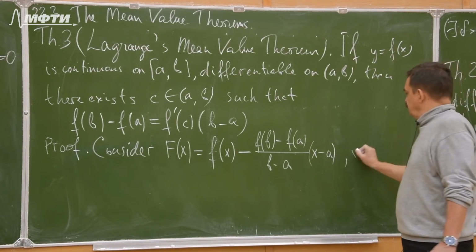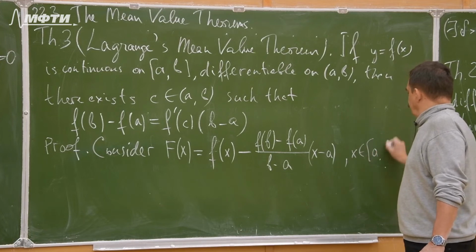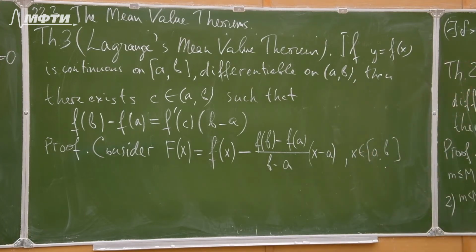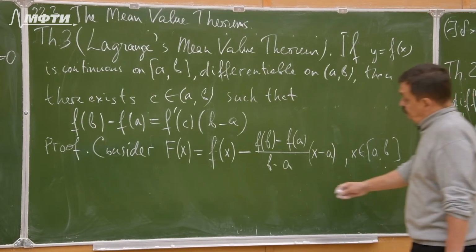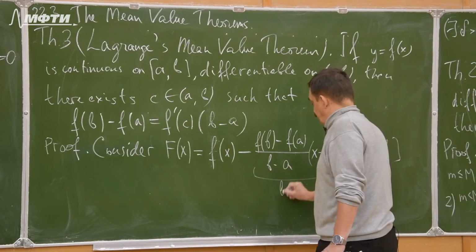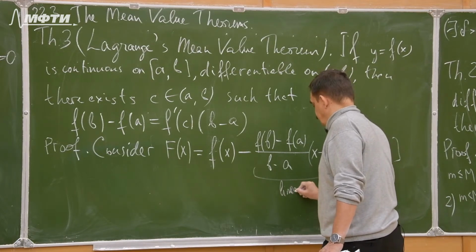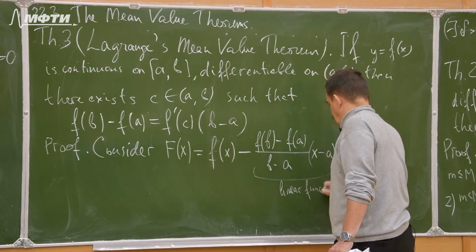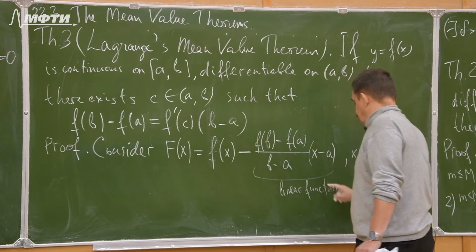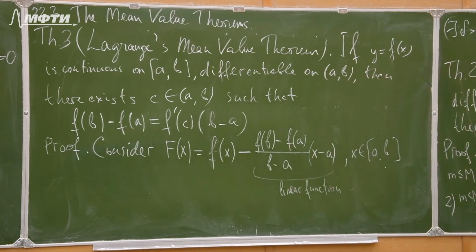And we consider that function on the segment [a, b], that is a well-defined function. So this is a linear function, and linear function is certainly continuous and differentiable everywhere on the real line.